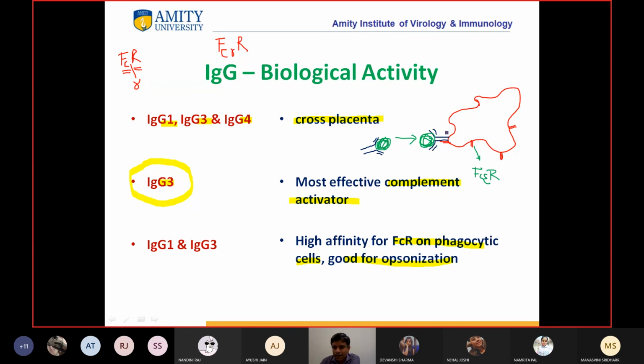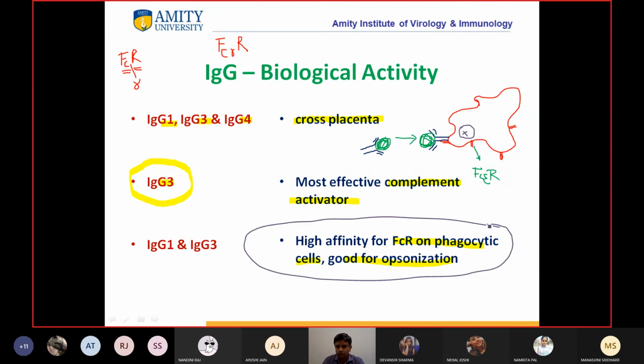Once this binding occurs, this whole complex is taken inside the phagocytic cell in a vesicle. Then here this pathogen is killed and broken down into smaller pieces, and this we are going to discuss in detail when we talk about antigen processing and presentation. Okay, but I hope this concept is clear now.